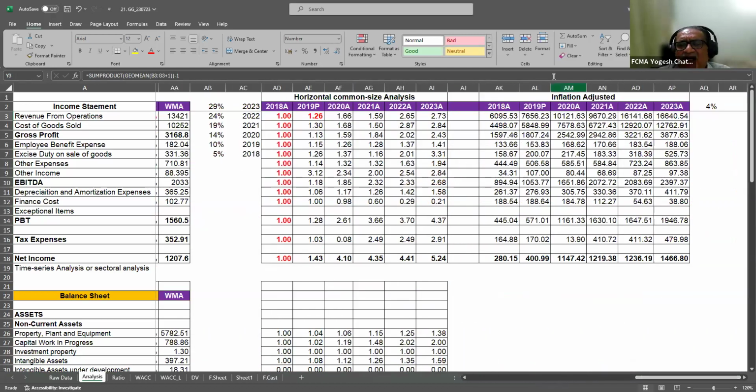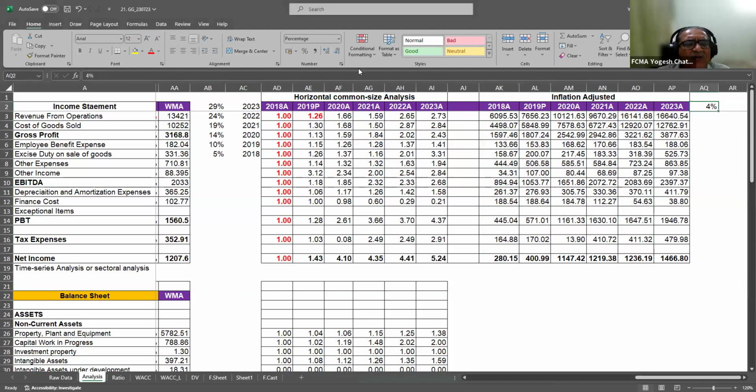And then we can adjust for inflation each year. As we all are aware, revenue and expenses will be impacted by inflation. So here I have adjusted the numbers with a 4% inflation rate, meaning each component of the income statement is adjusted with the inflation of 4%.